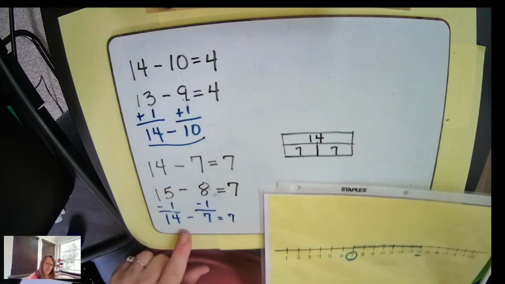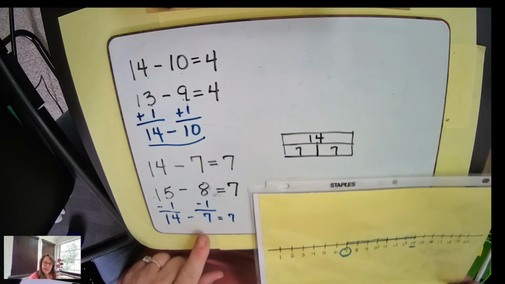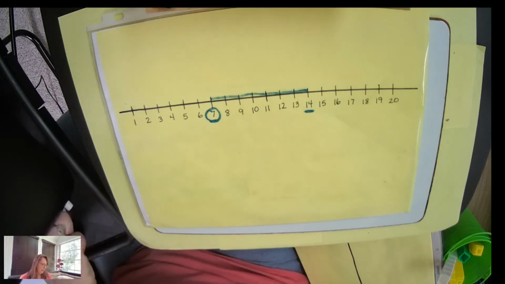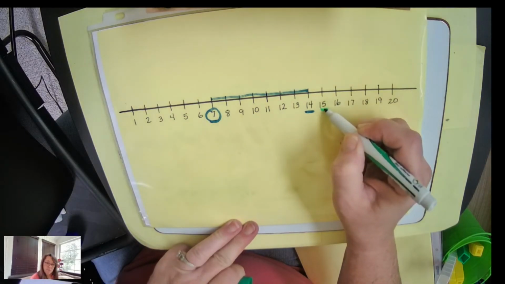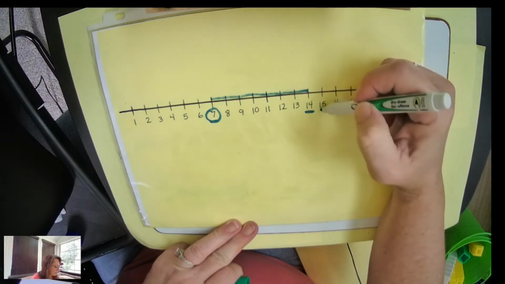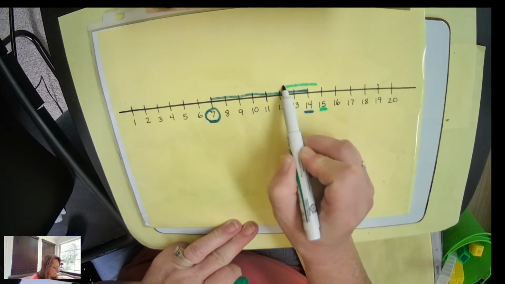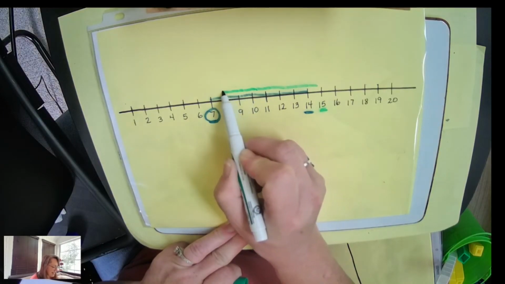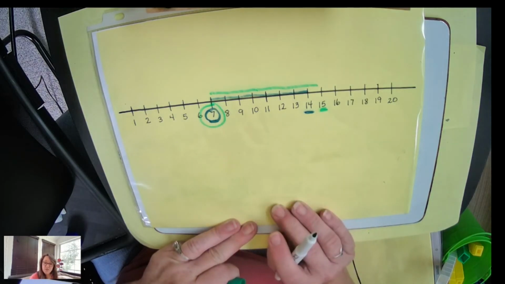Now, the second problem was 15 minus 8. Let's see how that looks. 15 minus 8: 15 minus 1, 2, 3, 4, 5, 6, 7, 8. 15 minus 8 is also 7.